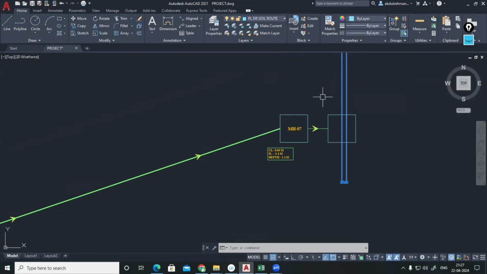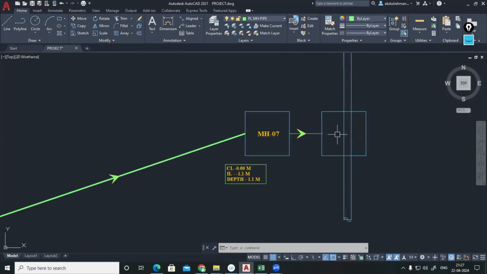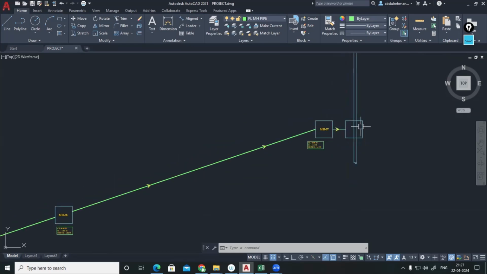On what depth your public municipality line is going, that is conditional. We can't predict it. You will be getting it from the local authorities having jurisdiction, from the corporation or whichever authority is dealing with this. They'll be marking it, and if you ask the public municipality team, they will give the data.